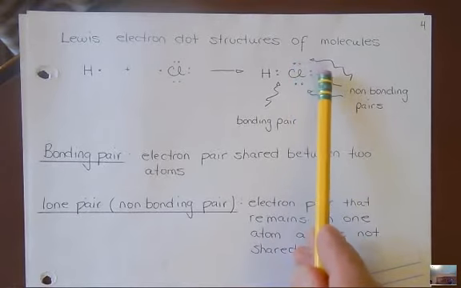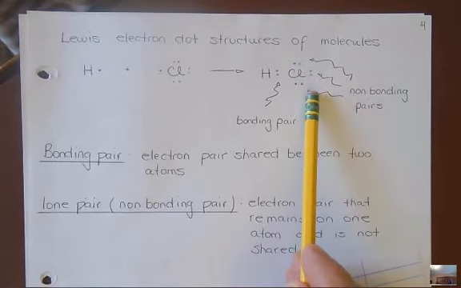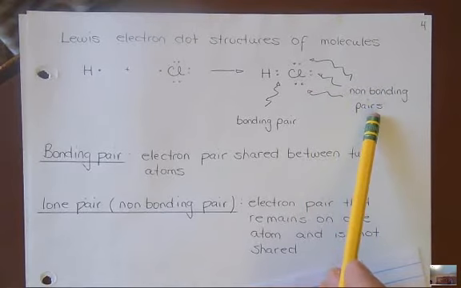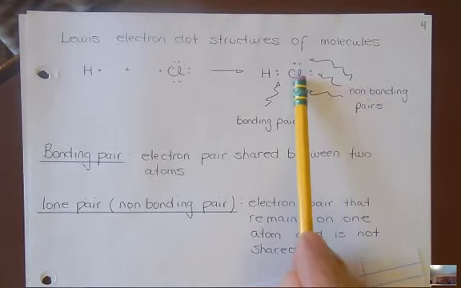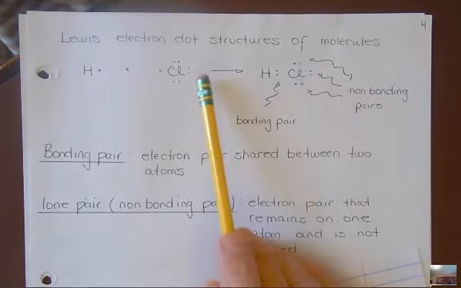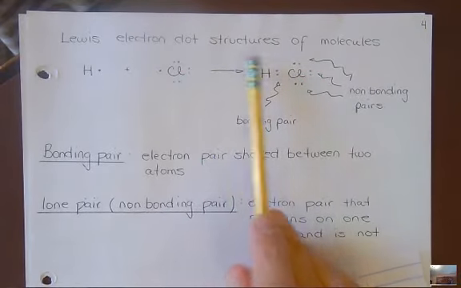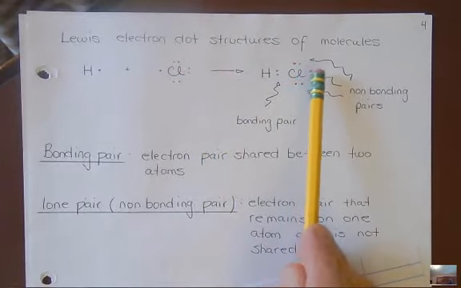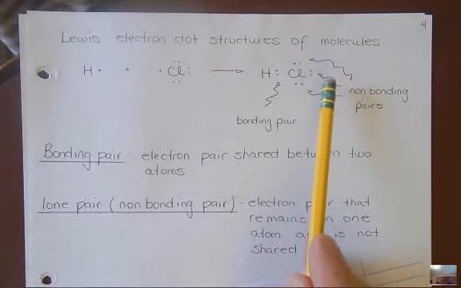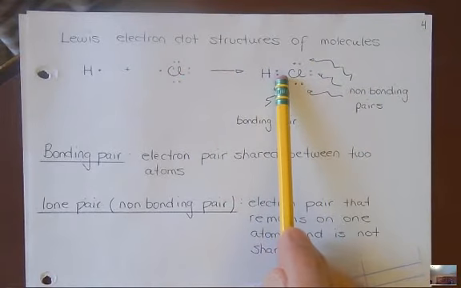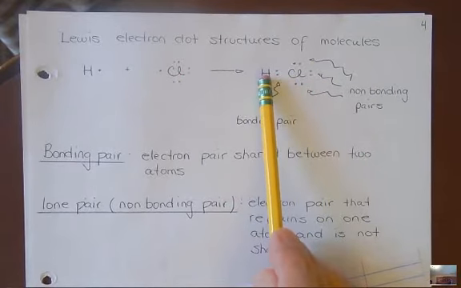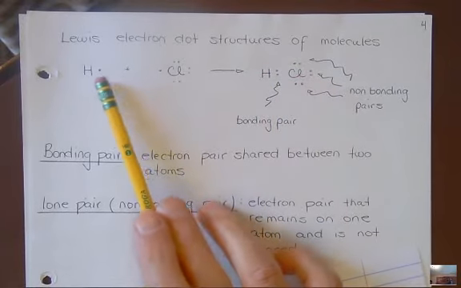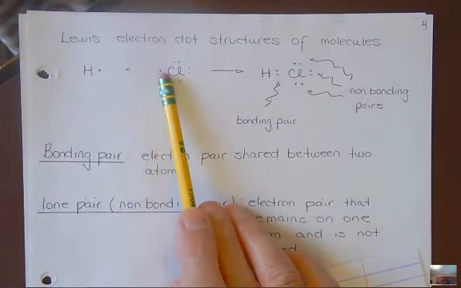The ones that you own by yourself, that you're not sharing with anybody, are called non-bonding pairs because they're not in bonds. Okay? They're owned by the chlorine. Chlorine came in with them. Look, 1, 2, 3. Those 6 dots, 2, 4, 6, are 3 pairs that it owns all by itself. The other one, though, is different. Look, it's in a shared space between hydrogen and chlorine. It's that guy overlapping with that guy.